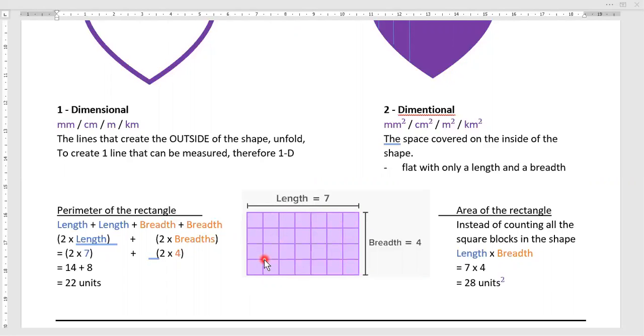That is just a quick way to find out what the answer is instead of counting all those millions of blocks in your shape. So length times breadth, 7 times 4 is 28 units. Because they never told us that it is centimeters, meters, kilometers, millimeters, all those things, we're just going to say units.